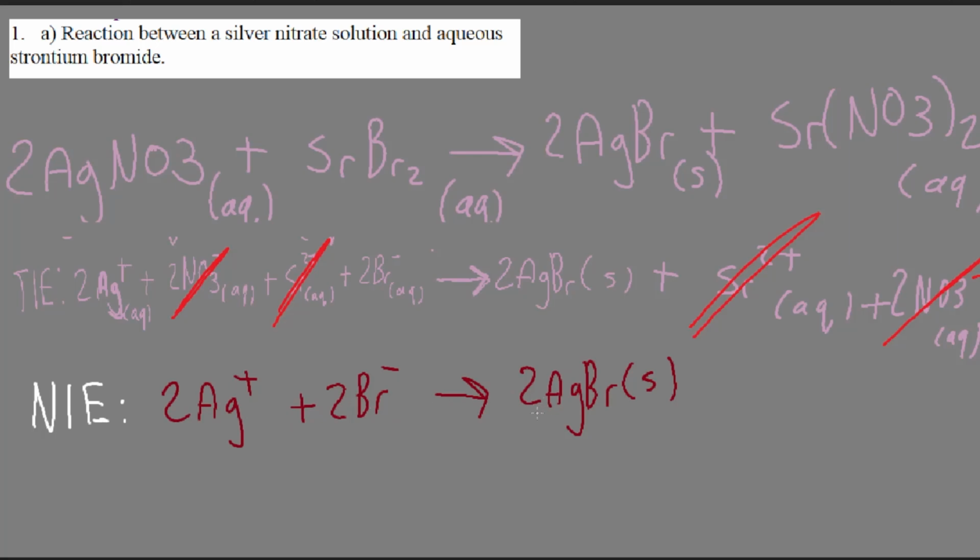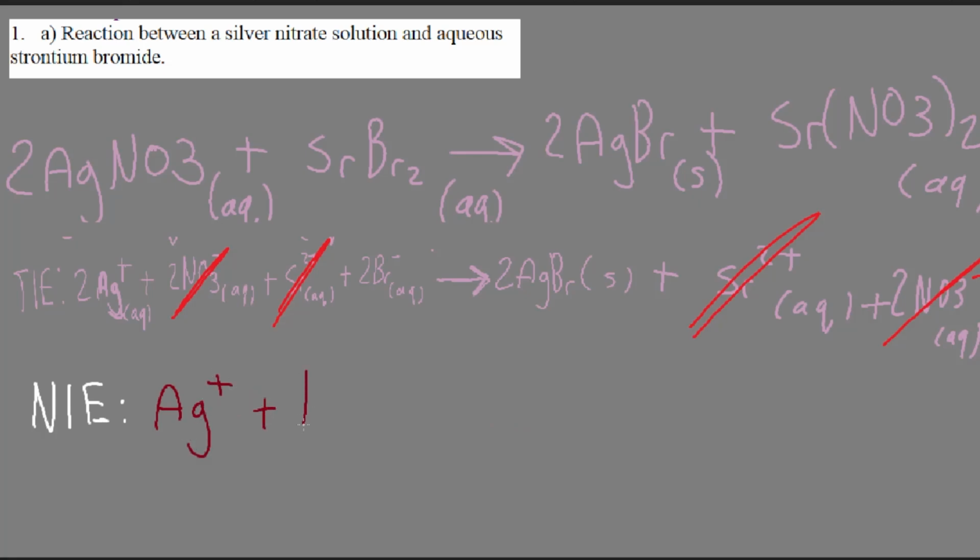What does that simplify to? 1. So you could just rewrite it as Ag plus Br minus arrow AgBr solid. And remember to write your states every time.